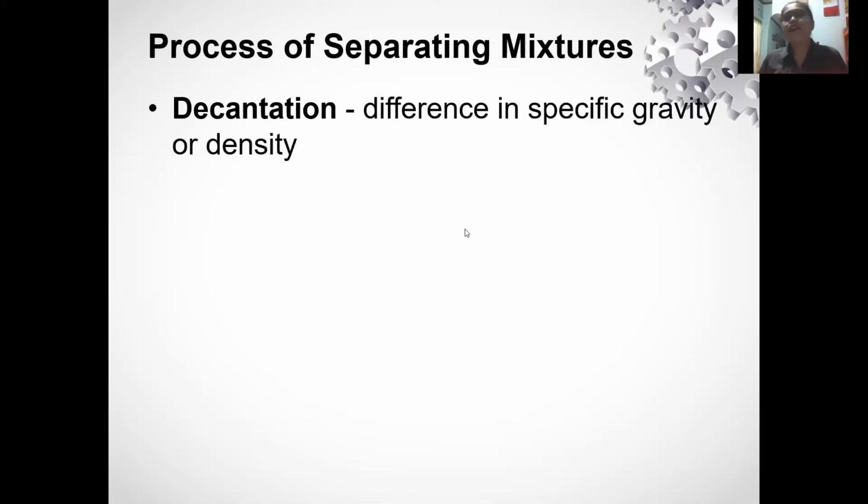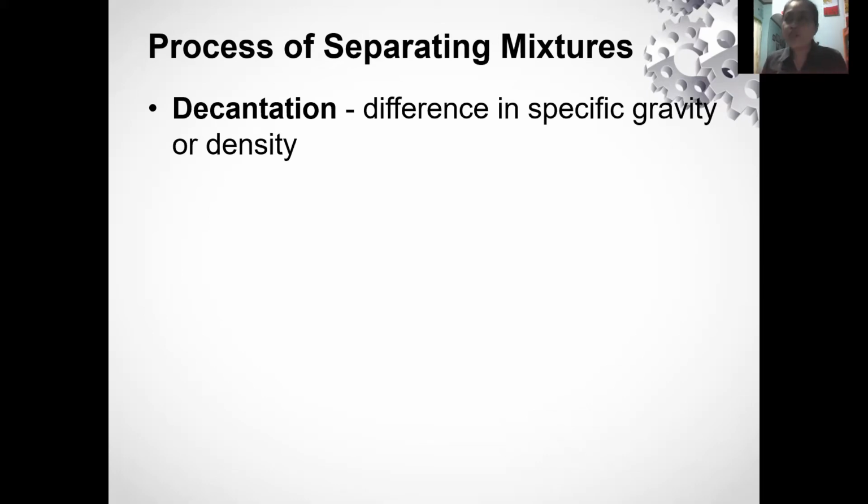So we have decantation. So when you say decantation again, you will just separate the components of your mixtures by virtue of their specific gravity or density. Meaning, the one that is heavier will settle down at the bottom of your container and you can just decant.